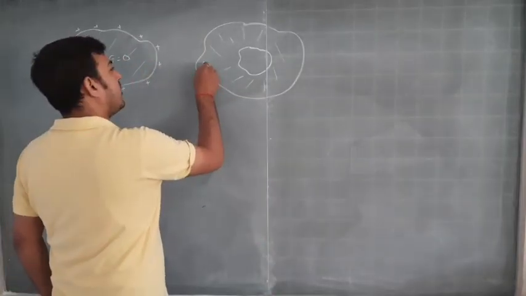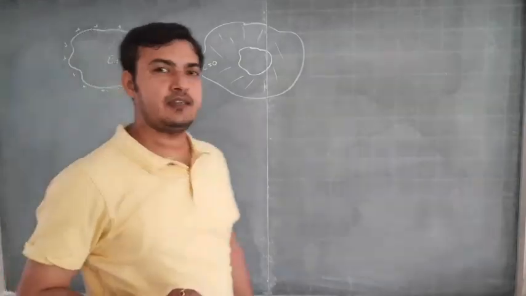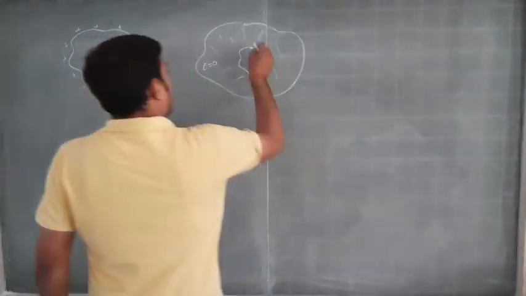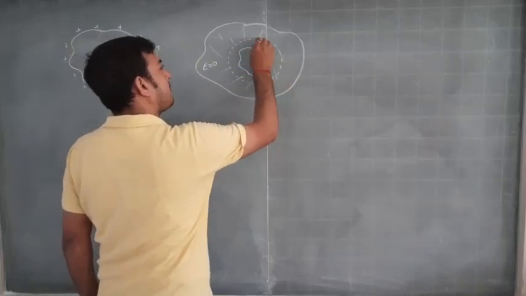Now since we know that the electric field inside a conductor is always 0, let us consider a Gaussian surface over here.